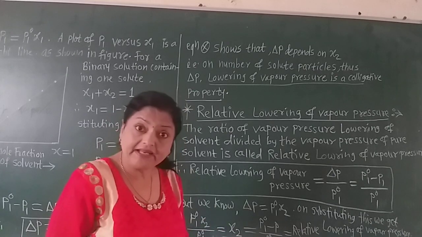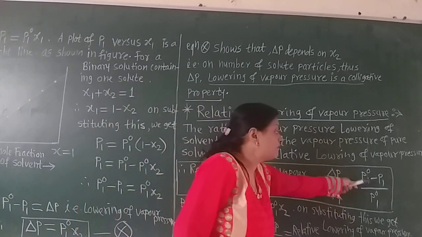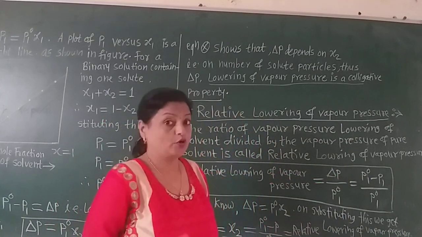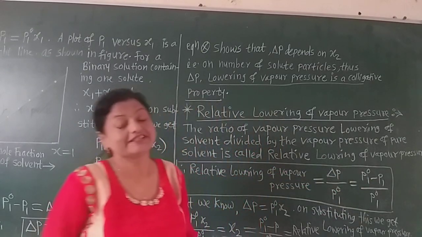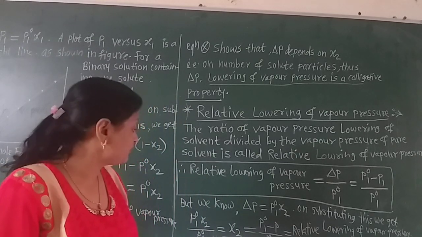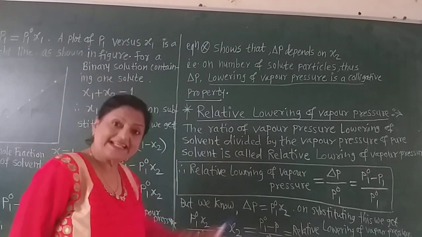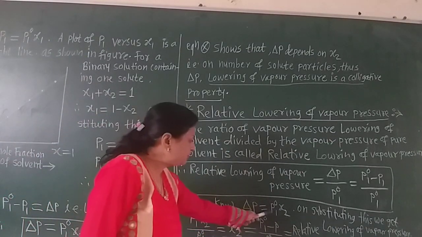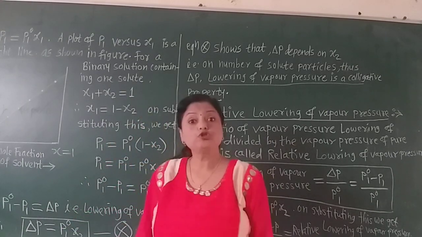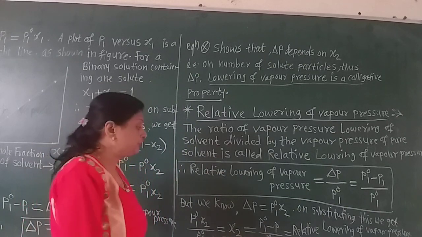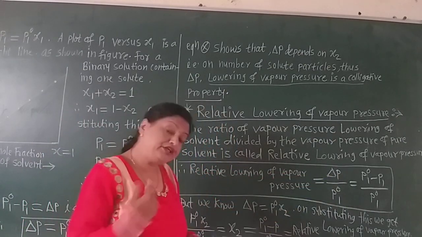But what is delta P? Delta P is nothing but P01 minus P1. This is the lowering of vapor pressure, and P01 minus P1 upon P01 is the relative lowering of vapor pressure. Now we know from the equation that delta P is equal to P01 X2. So substitute delta P here as P01 X2.